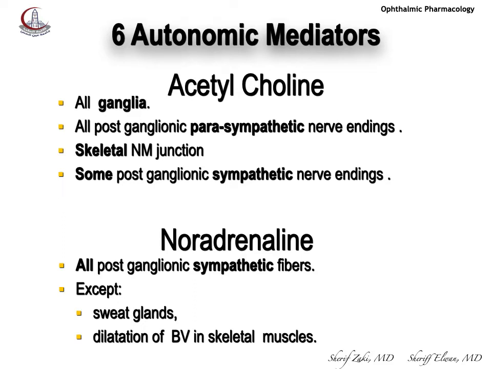Acetylcholine is present in all ganglia and in all postganglionic parasympathetic nerve endings, in the skeletal neuromuscular junction, and in only some postganglionic sympathetic nerve endings, while noradrenaline is present in all postganglionic sympathetic fibers, nerve endings, except sweat glands and those involved in dilatation of the blood vessels and skeletal muscles.